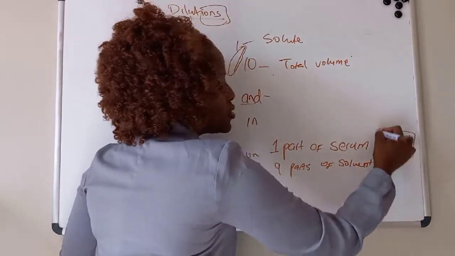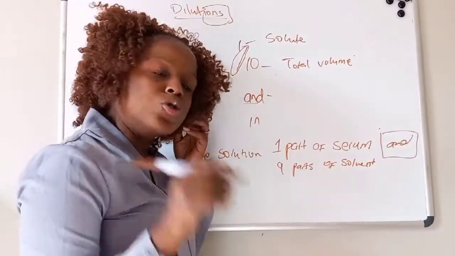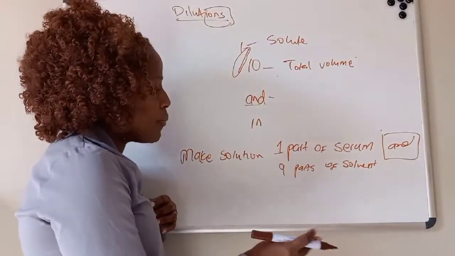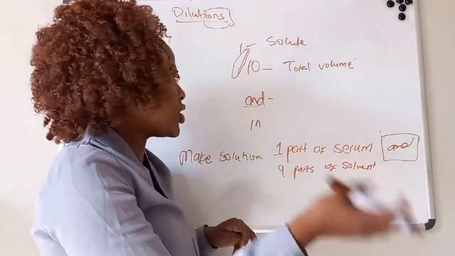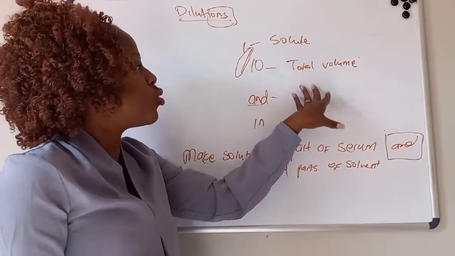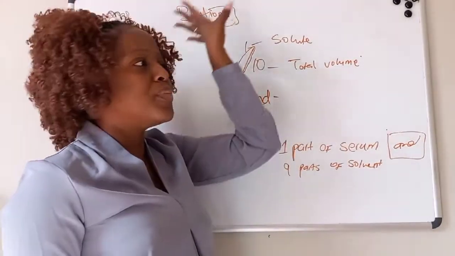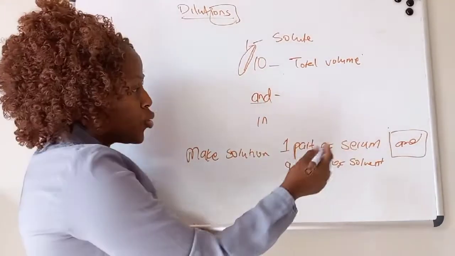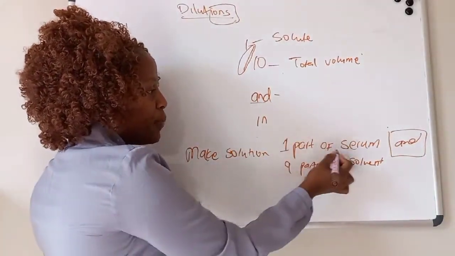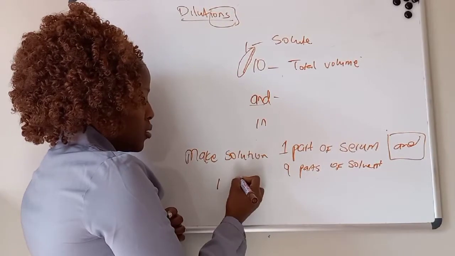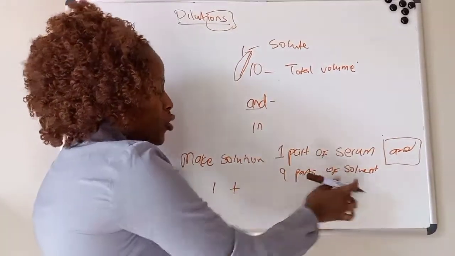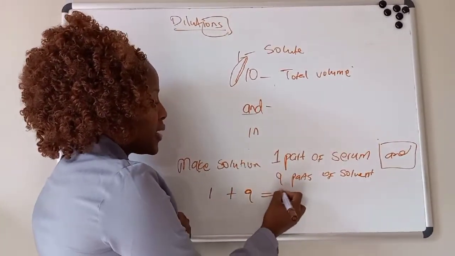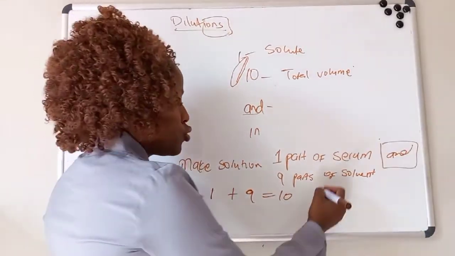Just because there's an "and" there, automatically we need to think that this is a dilution. And we know that a dilution is always represented as 1 part of a solute over a total volume. So in this case, you have 1 part of serum plus 9 parts of solvent, which is 9. So it means the total volume is going to be 10.